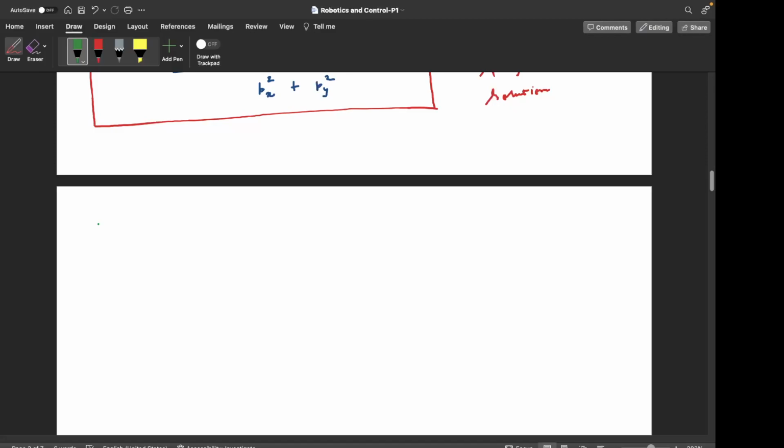So we will start with the analysis of second order systems. Just a little bit more theoretical background before we go into the actual trajectory tracking by manipulators.